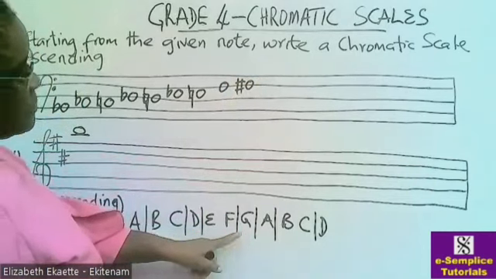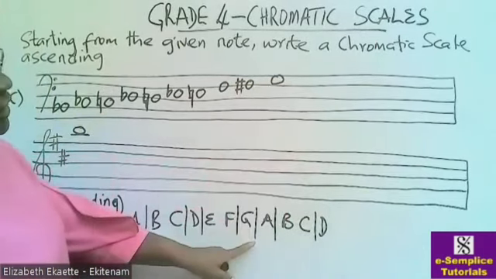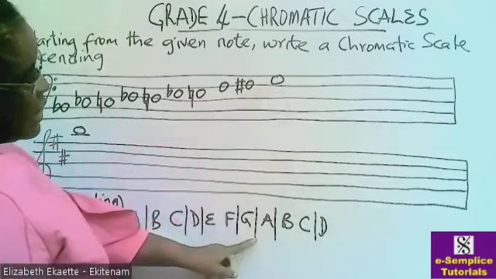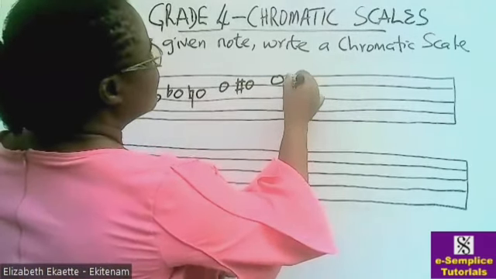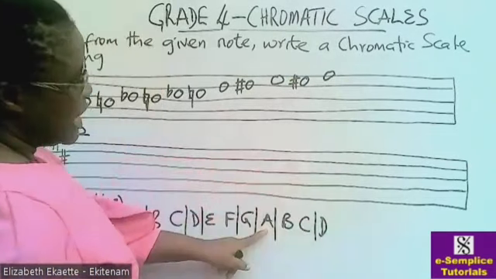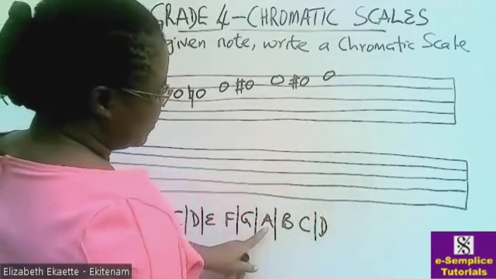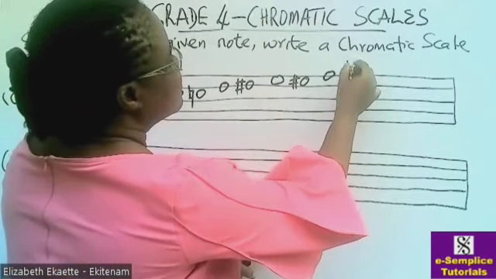And after F sharp, I do G. After G, I can do A flat. I can do, that we already have G there, so I can do G sharp. After G sharp, I do A. And after A, I do B flat, because after A, the next semitone is B flat.